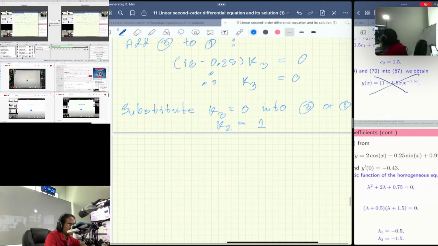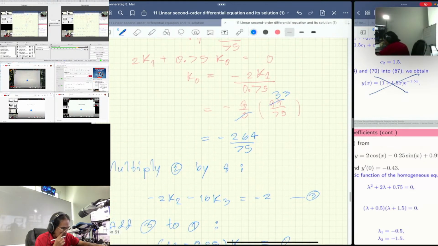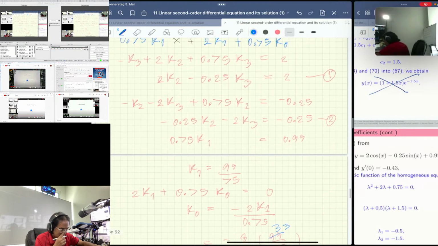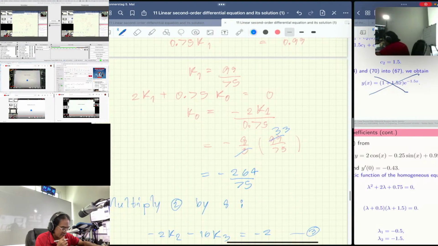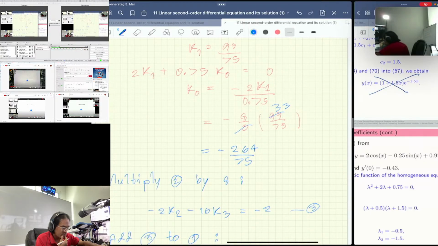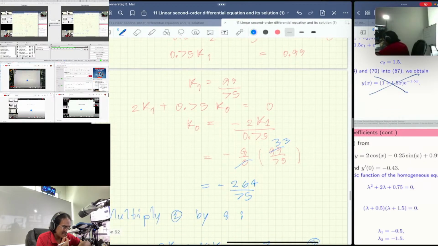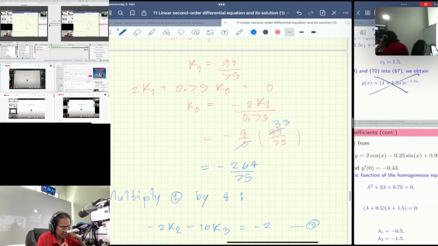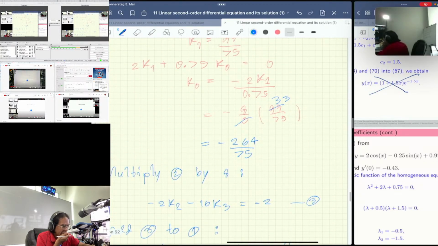Okay, now let's combine everything. K1 is 99.75, K0 is negative 246, K3 is 0, K2 is 1.